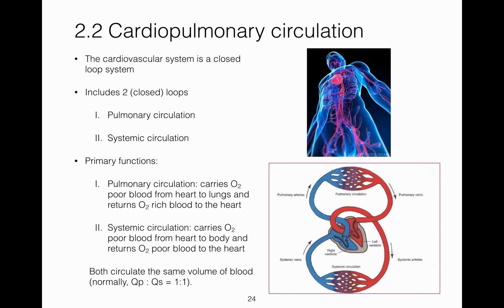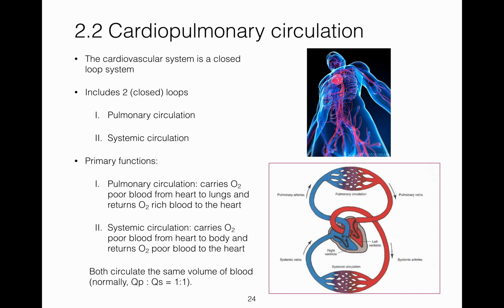Aspects of cardiopulmonary circulation. The cardiovascular system is a closed-loop system. It includes two closed loops, pulmonary and systemic, and they work together to ensure its primary functions are achieved. That is, the pulmonary circulation carries oxygen-poor blood from the heart to the lungs and returns oxygen-rich blood back to the heart.